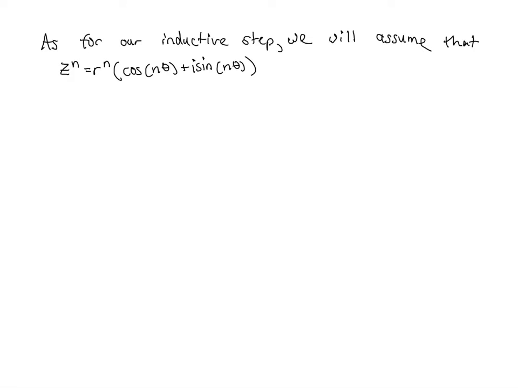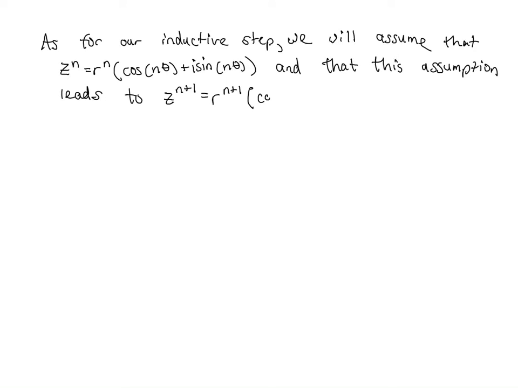So what you're going to want to do is make that assumption, and try to show that this assumption leads to z to the n plus 1 equals r to the n plus 1 times cosine of n plus 1 theta plus i sine of n plus 1 theta.